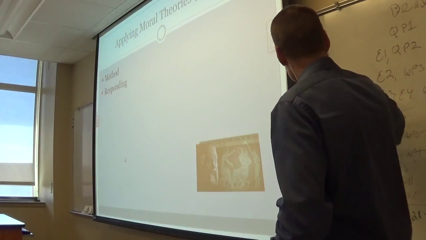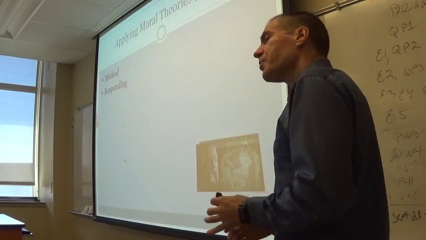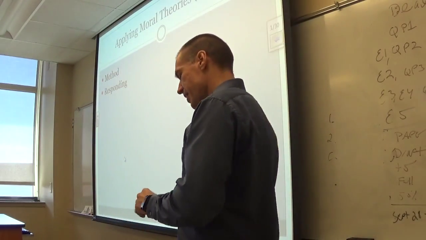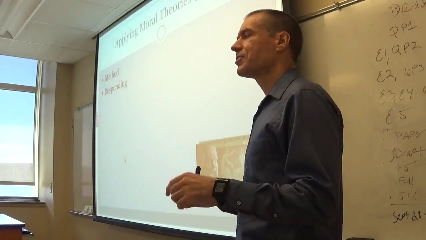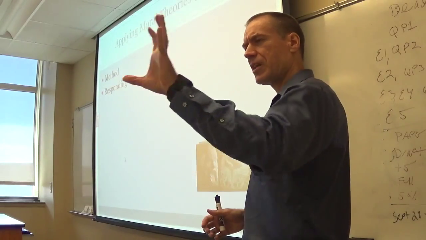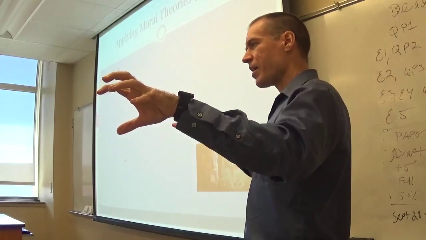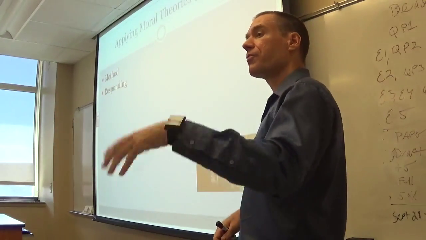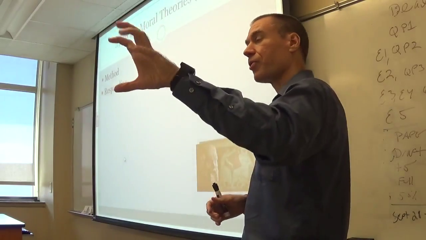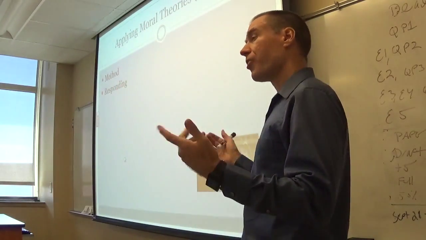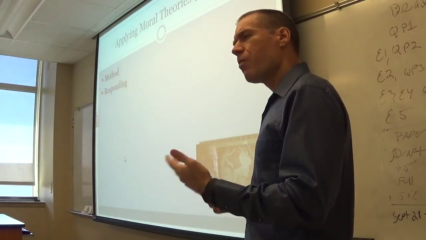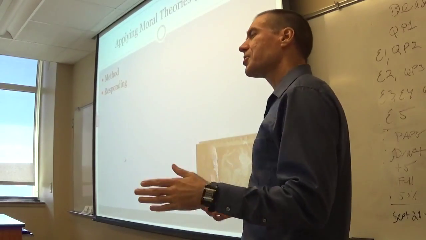Another example, one thing we'll see when we talk about our very last method, called mixing norms. One common technique is going from one normative area, say religion, to morality, or religion to law. People often want to go from one area to another, from law to morality, or morality to law. And as we'll see when we get to mixing norms, one good question is, how do you justify that move?